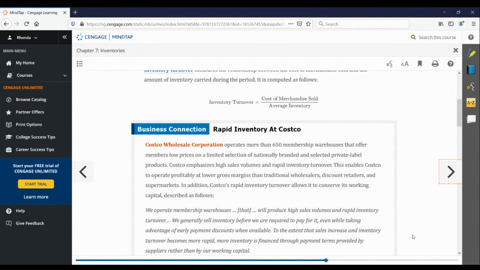But I really want you to concentrate on the perpetual method of calculating your cost of merchandise sold and your ending inventory with the three main methods that we discussed, which were the LIFO method, the FIFO method, and the weighted average method. That's all that I want to talk to you about today.